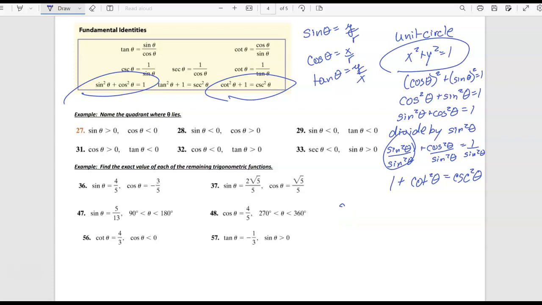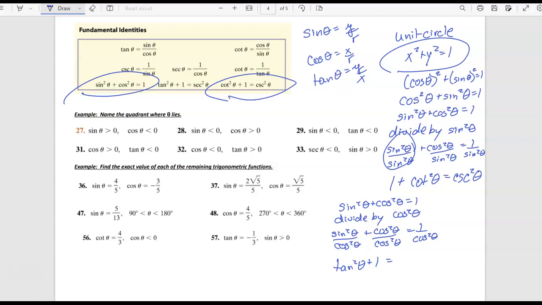And then let's do the same thing. Sine squared theta plus cosine squared theta is equal to 1. Now let's divide by cosine squared. So I have sine squared over cosine squared plus cosine squared over cosine squared equals 1 over cosine squared. Sine over cosine is tangent, so that's tangent squared.